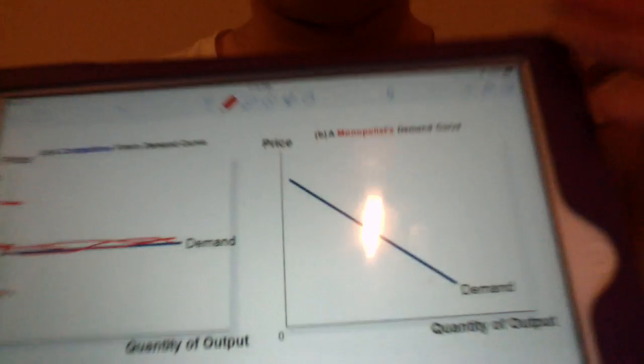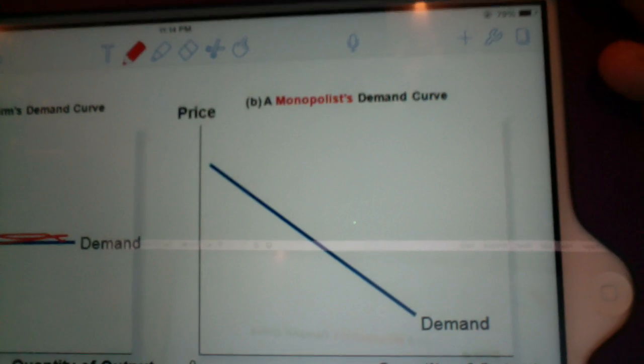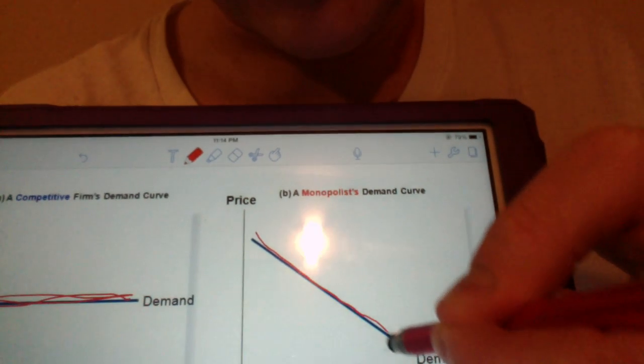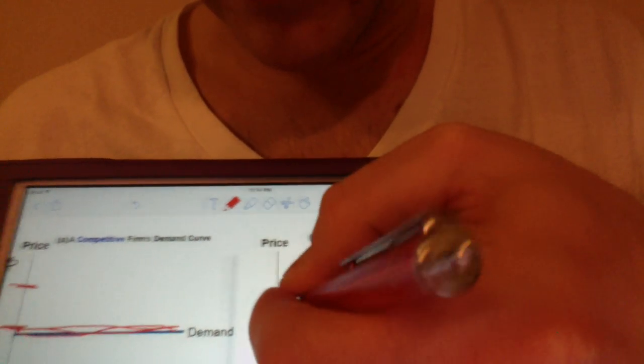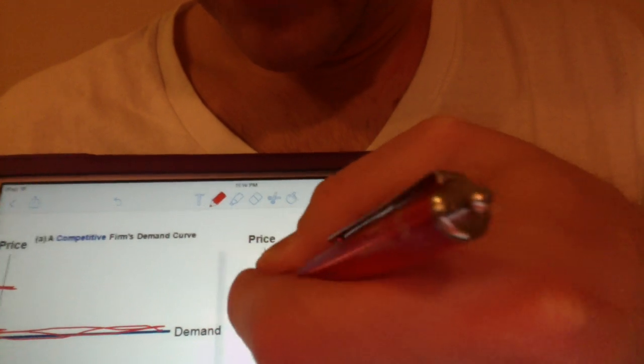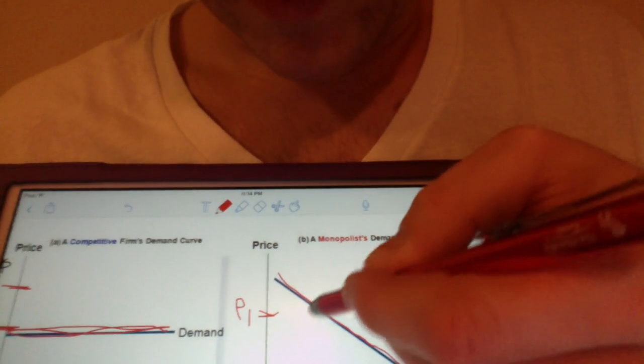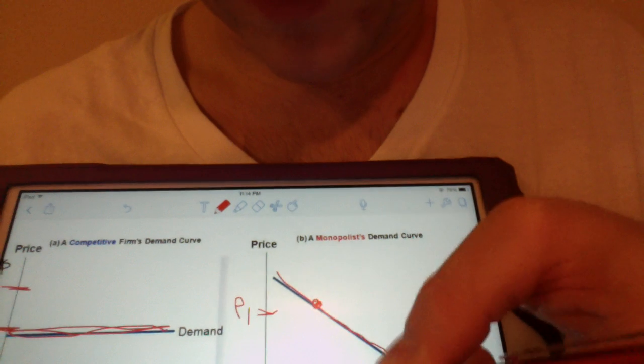So let's take a look now at the monopolist demand curves. The monopolist demand curve is the market demand curve. That's right there. So as we go down, we're going to sell less and less. So we have to make a decision. What do we want to set our price at? Because if we set it at P1, we'll be here, that quantity.